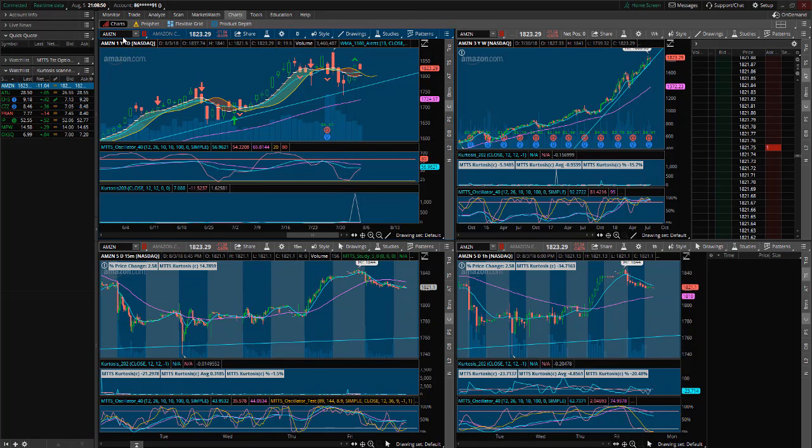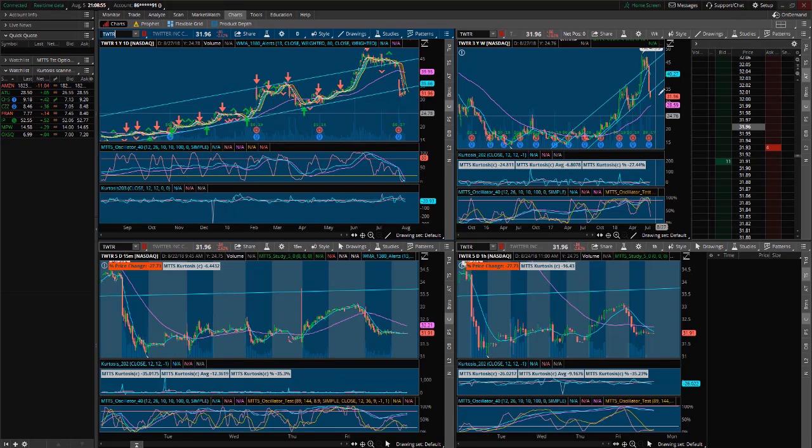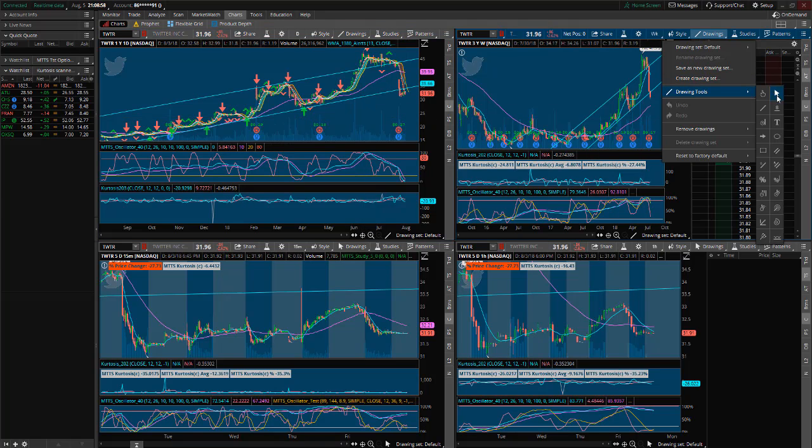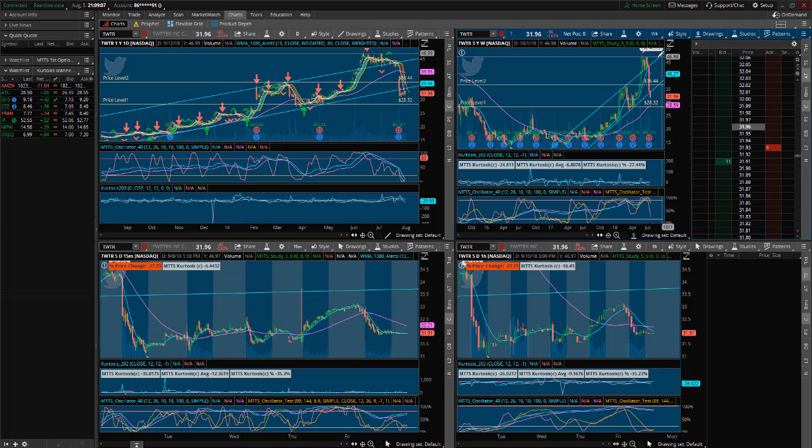Also, one thing about Twitter, I talked about this head and shoulders pattern. If it drops maybe around this area, 2832, it would complete its head and shoulders pattern. It'll take a few months for it to complete, especially because we're looking at the weekly for this head and shoulders pattern.